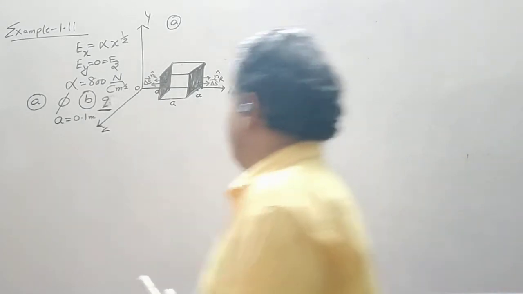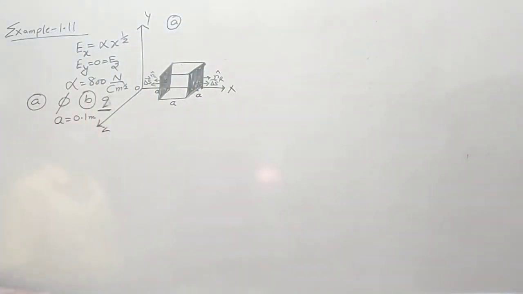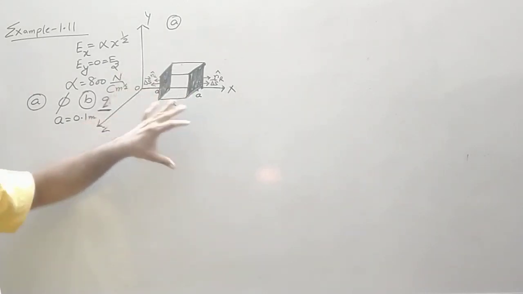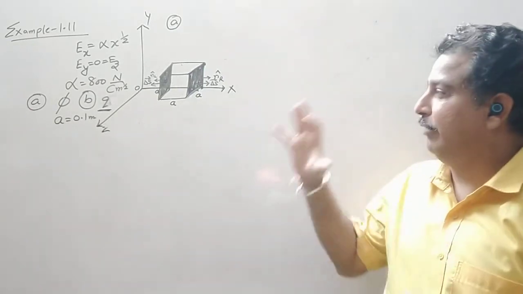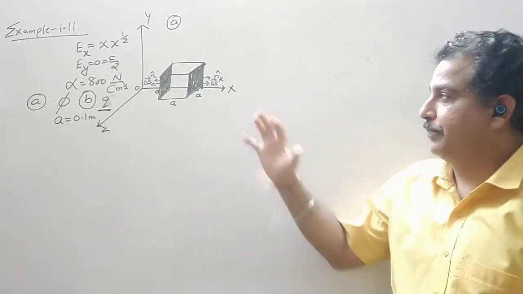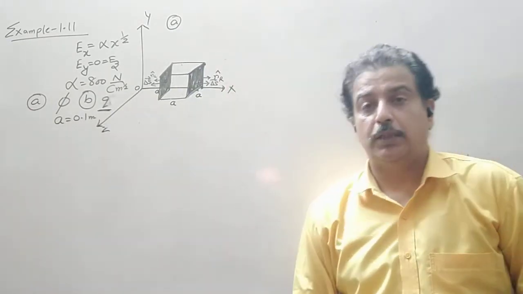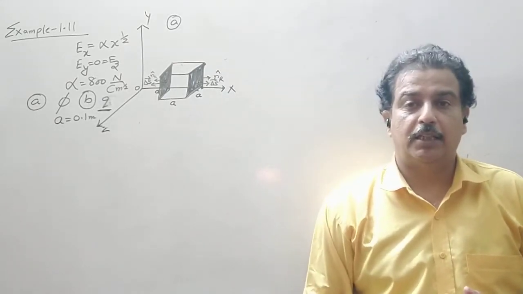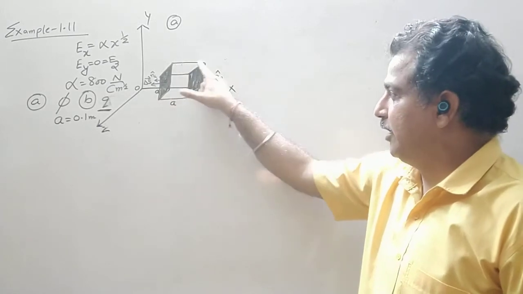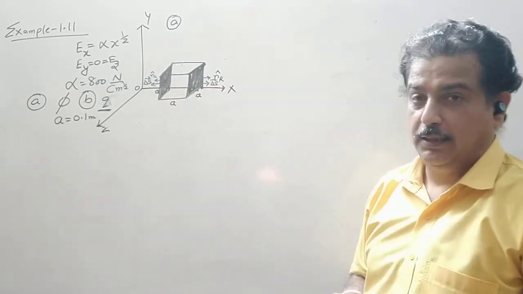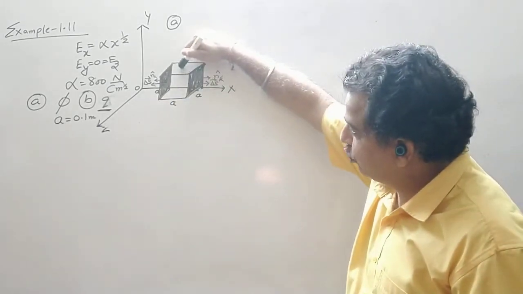So first we will see that if you consider this cube, it has 6 faces. Now we have to find out the area vector for each face of the cube. So if I consider this top face, clearly the area vector should be normal.